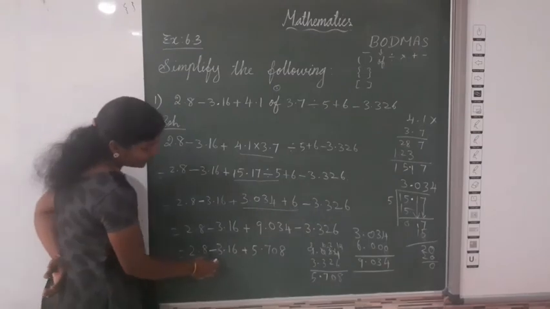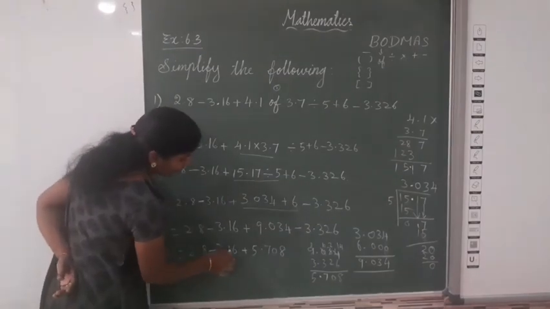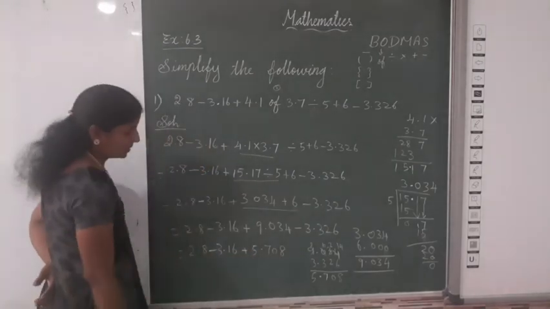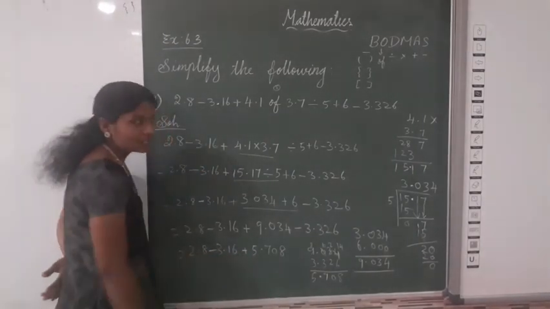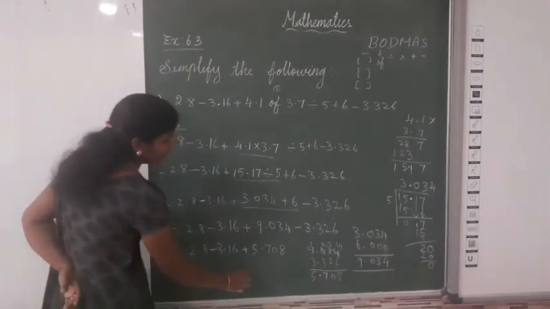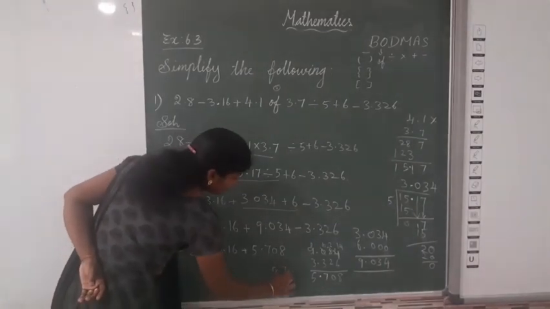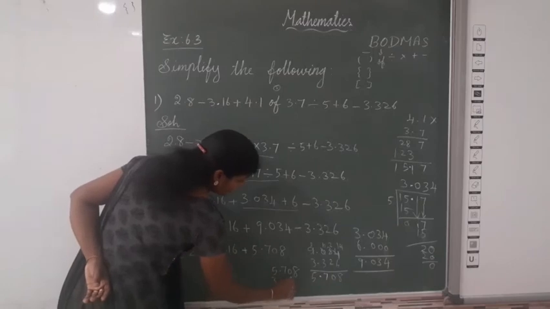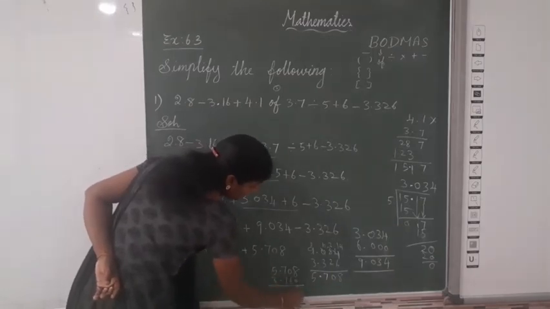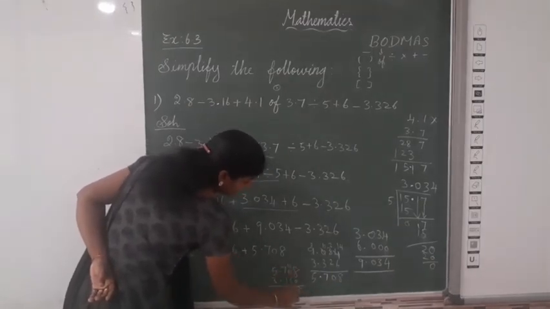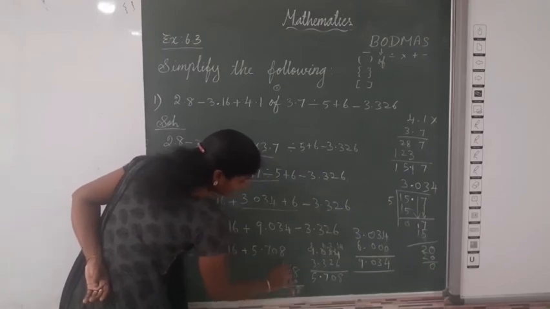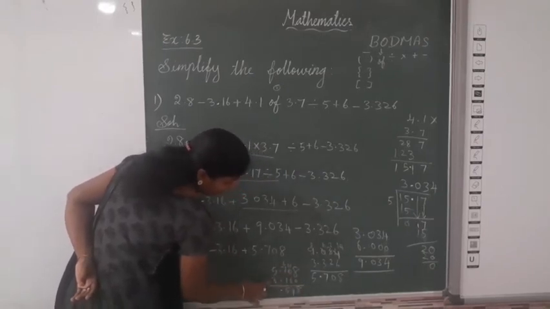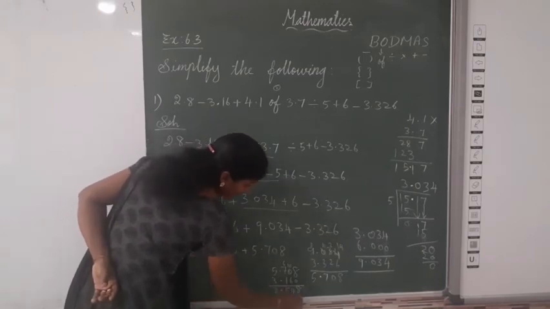Now we can subtract 3.16 from 5.708. Different signs means we can subtract, isn't it? Big number 5.708 minus small number 3.160. Here 10 minus 6 is 4. Here 6, 6 minus 1 is 5. Then 5 minus 2 is 3.